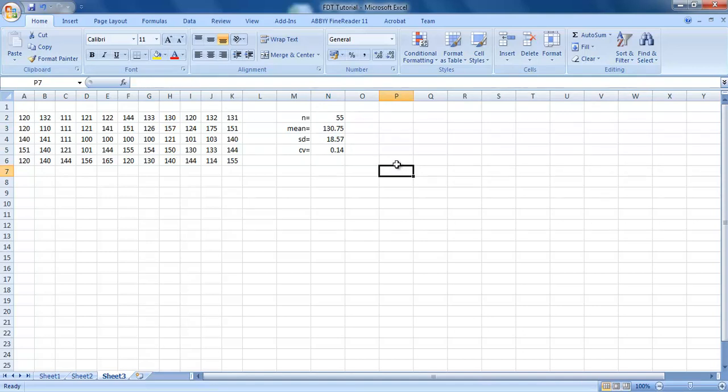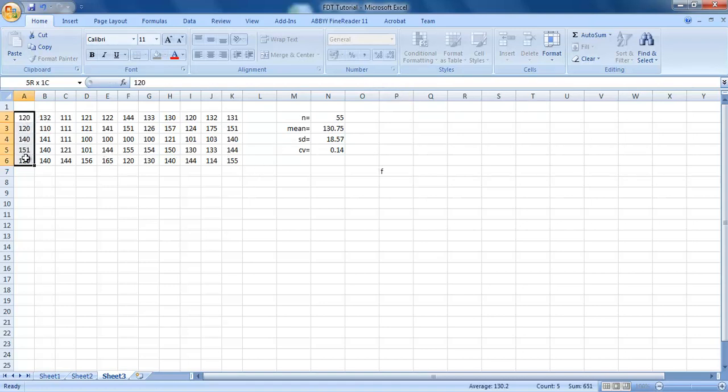Now, there are also times that you might want to know how to compute the standard deviation, for example, manually. That is, you're going to arrange the following scores in a column. And then we can compute the standard deviation manually using the formulas that were discussed in our lectures.